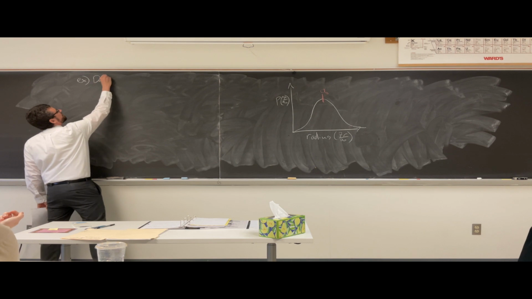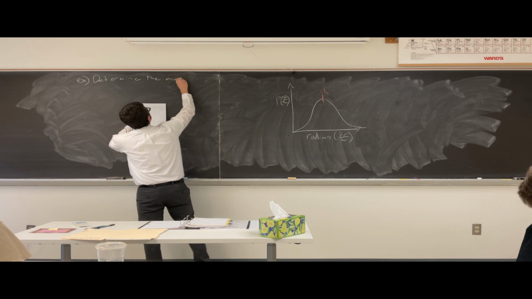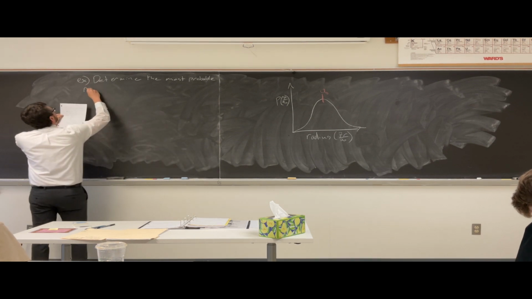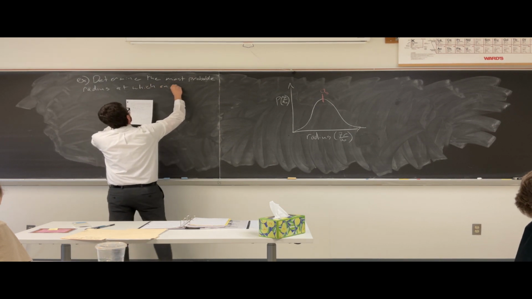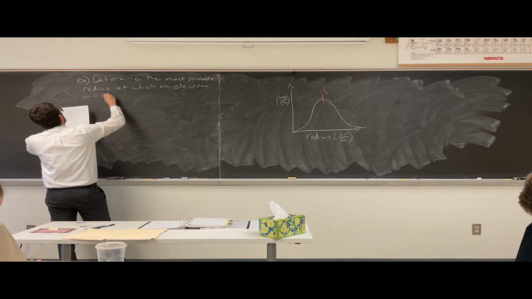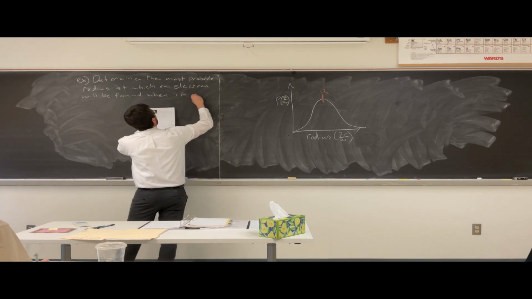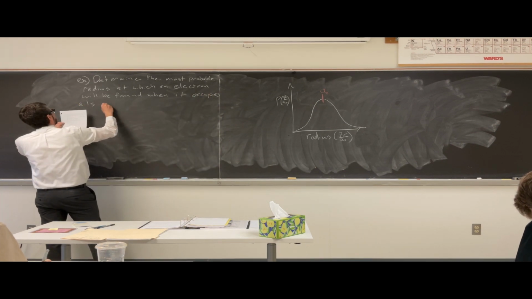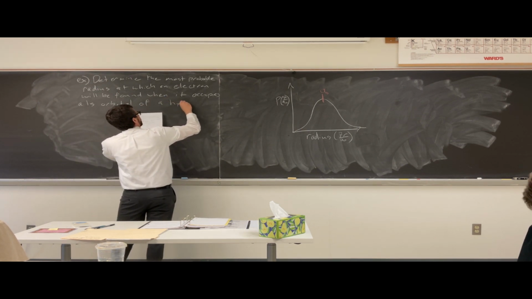We want to determine the most probable radius at which an electron will be found if it occupies a 1s orbital in a hydrogen atom.